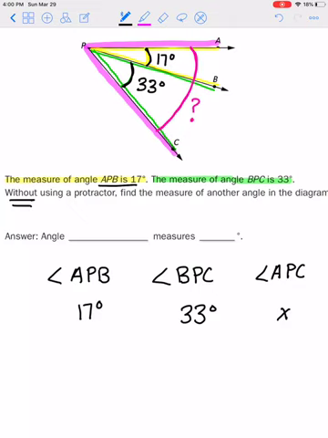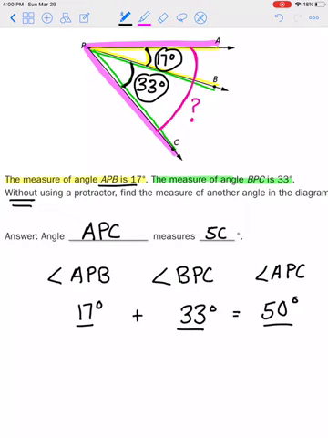But if you'll notice, it is this angle and this angle put together. So I'm going to add, and I'm going to get angle APC is 50 degrees. Because if I did 17 and 33, I would get 50. So angle APC measures 50 degrees.